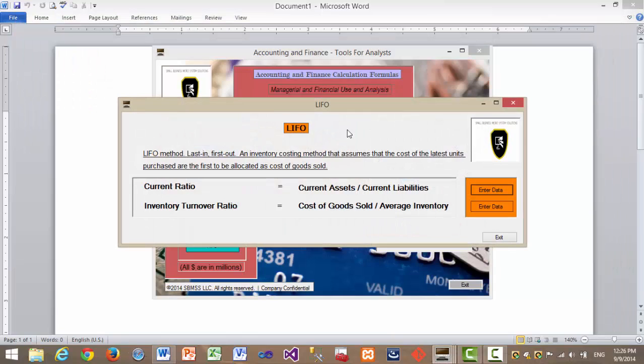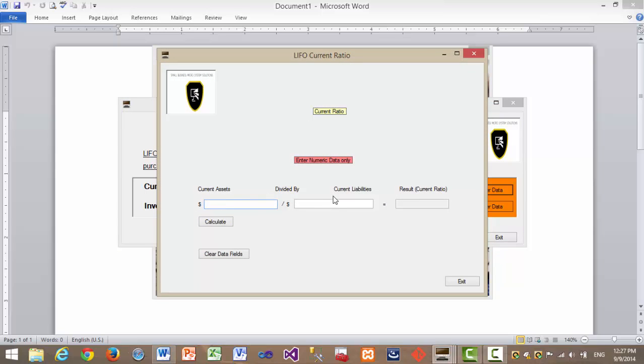We have LIFO now, which is different from the calculation of the current ratio of liquidity. You have current assets divided by current liabilities under LIFO.